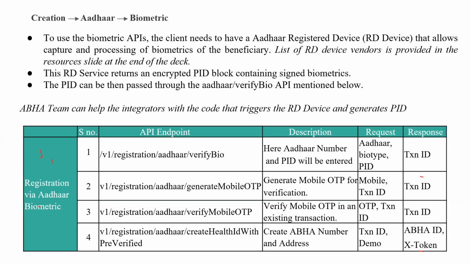Is biometric mandatory for health ID creation, or is OTP enough to create a health ID? It's not mandatory, but we would suggest that you implement it as it is a convenient way of generating the ID without getting the OTP, because many times the OTP doesn't reach the mobile number.